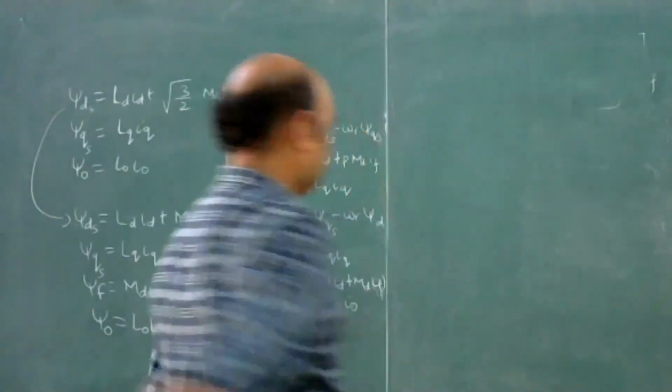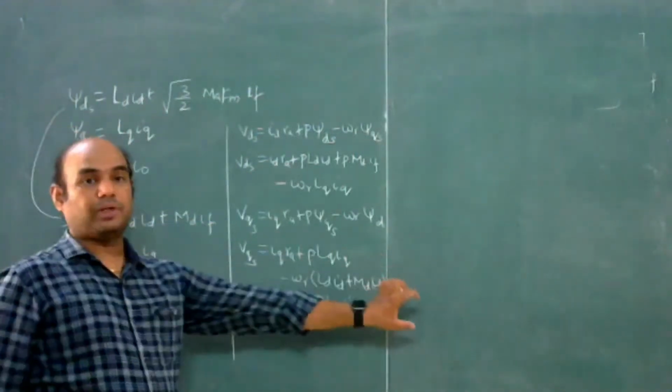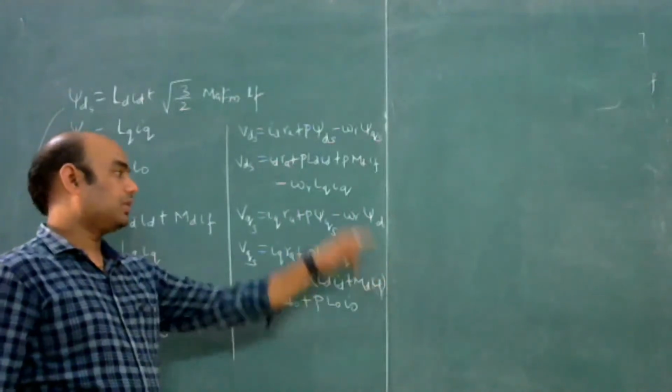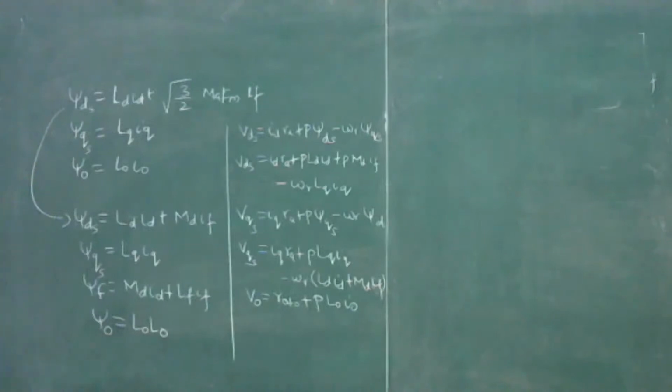So here the calculation is quite easy as compared to when we are doing calculation in ABC variables. That's why we prefer this two-axis transformation.